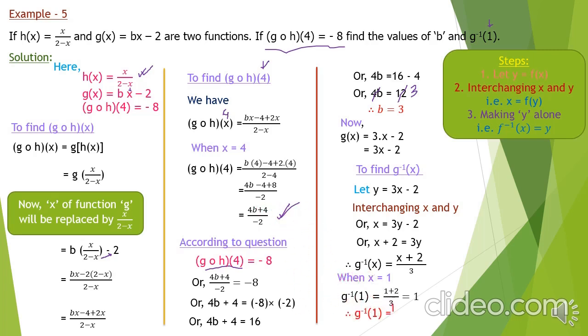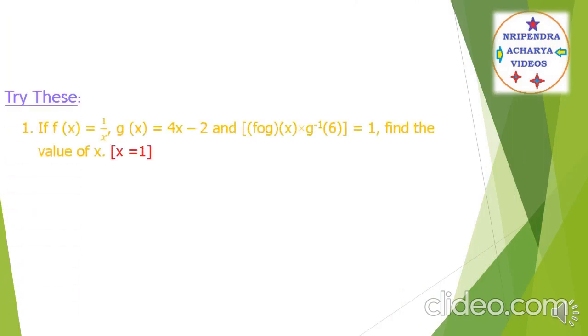So that's our answer. Now the question for you, try this. This question looks difficult, but you can see in the given condition it's not difficult. You just set the priority. First find g inverse x. Our first priority is to find g inverse x, then find g inverse 6 also.